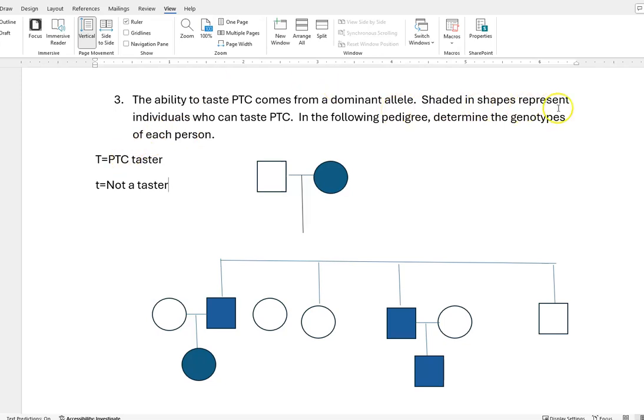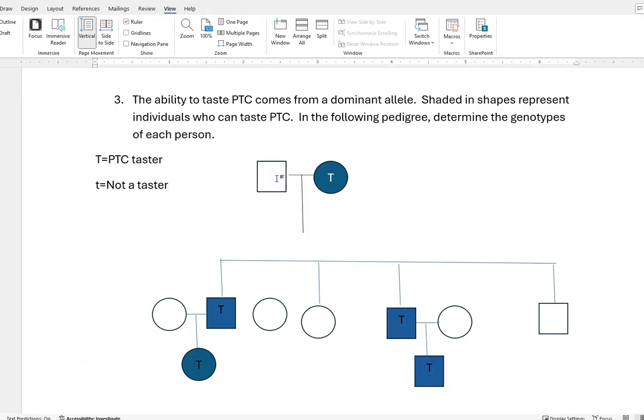The shaded in shapes represent individuals who can taste PTC, all right? So every shaded individual here is going to be able to taste PTC. So we want to put a big T within everybody who is shaded in, right? Because they can taste it. So we know they have the big T allele, right?